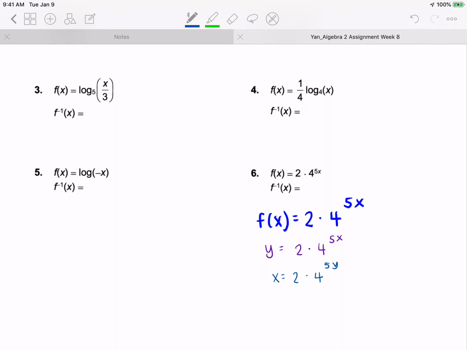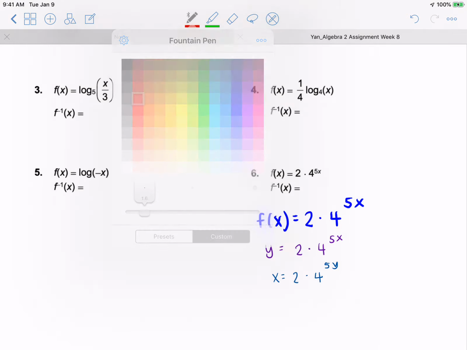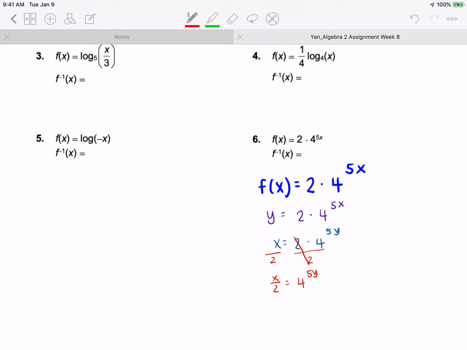And then now try to move as much to the left side as possible. So the 2 can be isolated because the 2 does not have the exponent. So I can just get rid of that, which is x over 2 equals 4 to the 5y.